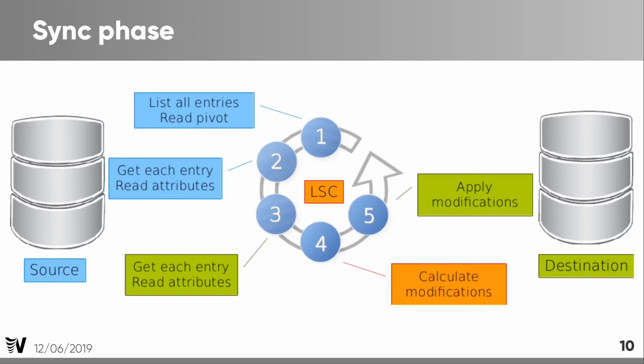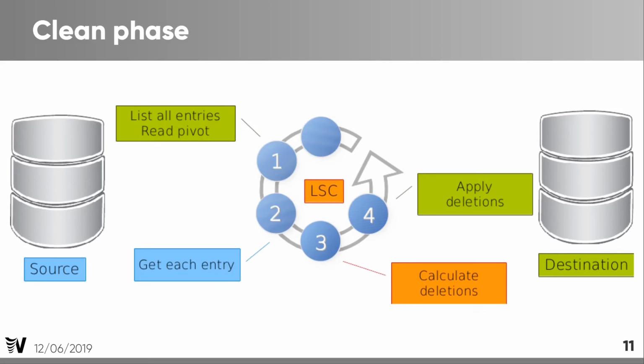Of course, it will only write in destination the needed differences between source and destination. So if you run it several times, the connector will not write anything if there are no modifications inside the source.